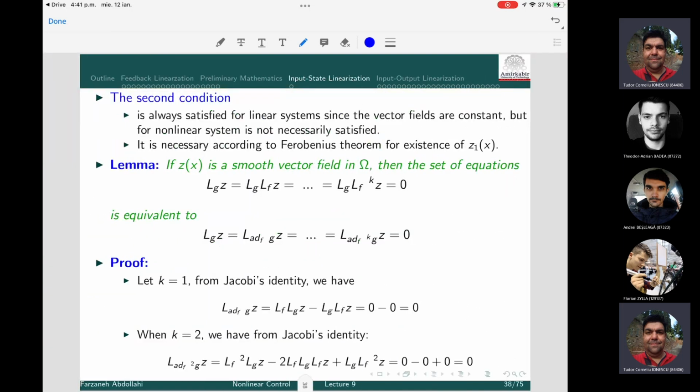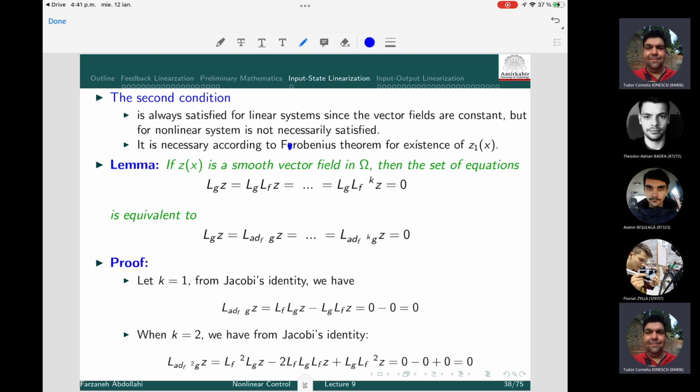The second condition is always satisfied for linear systems since the vector fields are constant. Makes sense. But for nonlinear systems, this is not necessarily satisfied. So the linear case is a particular case with constant vector fields. It is necessary, according to the Frobenius theorem, for the existence of z1(x).